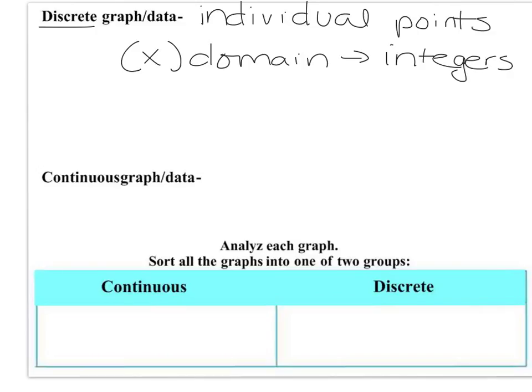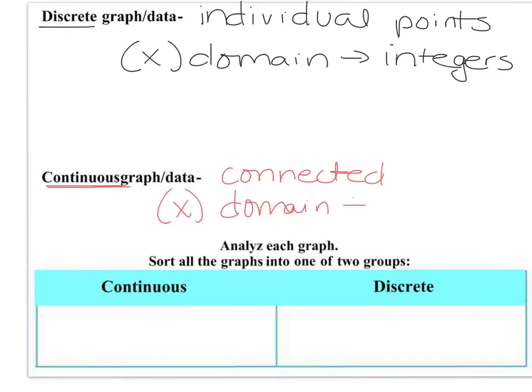Okay. The continuous data, this is data that is connected. With these graphs, your domain, or your x values, will be all real numbers.